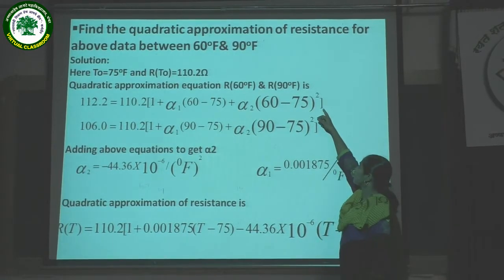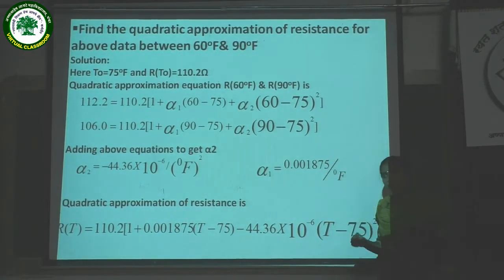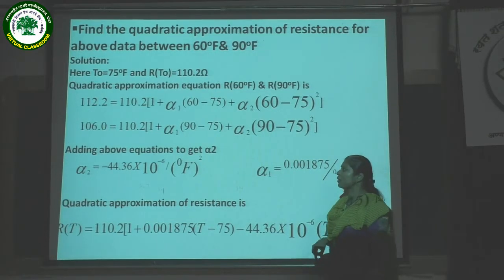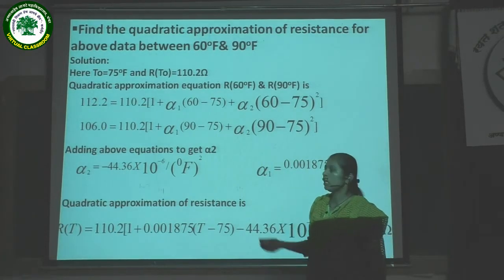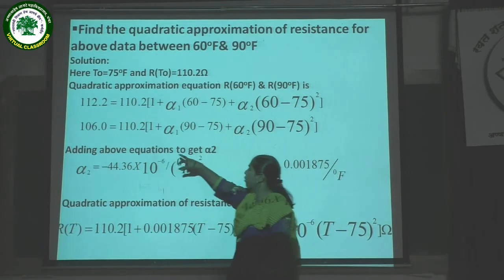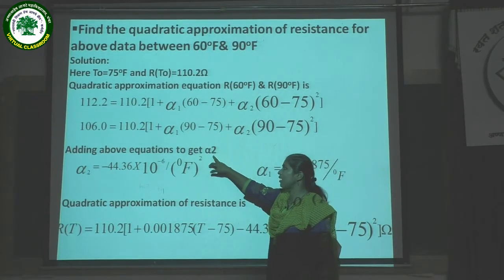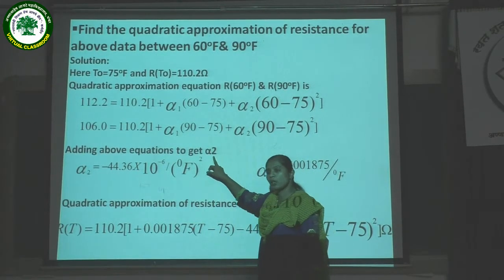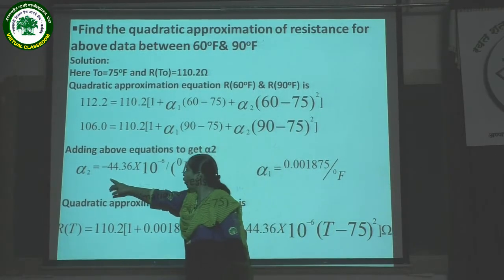Now we have equation number 1 and equation number 2 with us. In order to get the values of alpha 1 and alpha 2, we will solve them, and by adding the above equations we will get the value of alpha 2.